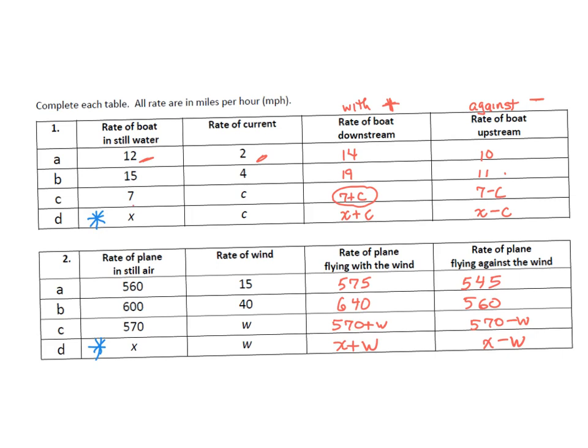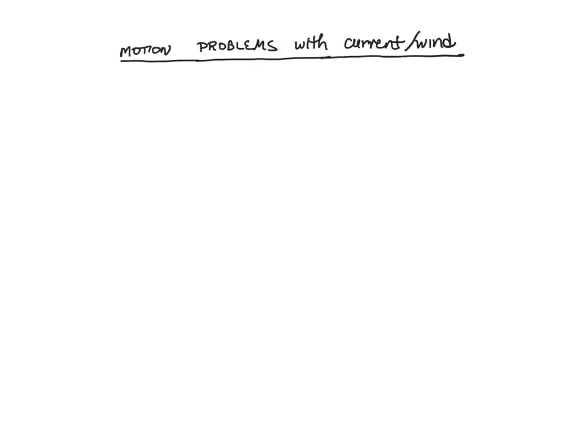Okay, so let's summarize. With the motion problems involving current or wind, we let X represent the rate of the boat or plane. These are the most popular ones used in still water or air current, or in still wind.